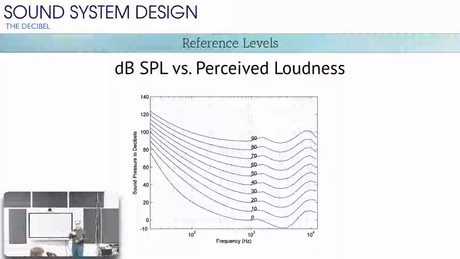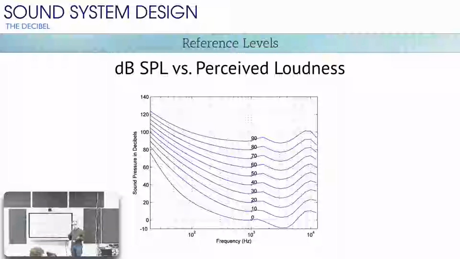So when I say that is 100 dB SPL, that represents an actual pressure, right? Because the reference is implied, the comparison of 0 dB, okay?